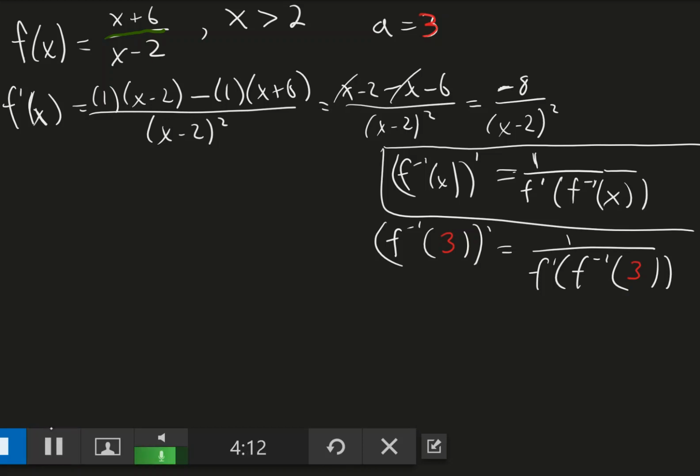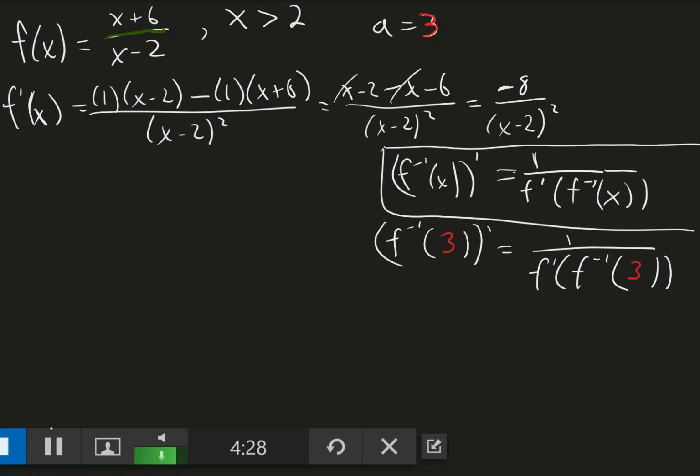We need to evaluate this, which should give us a number, and then we can plug that number into the derivative, which we have already found. Since it's 1 over that, we can just take the reciprocal to get our final answer.